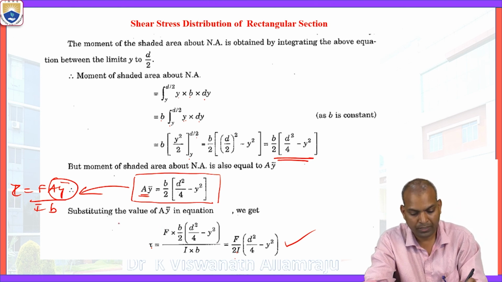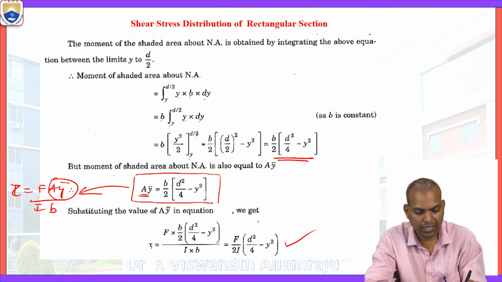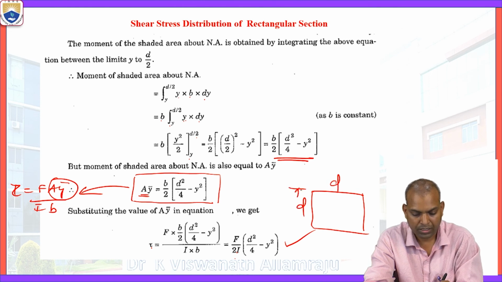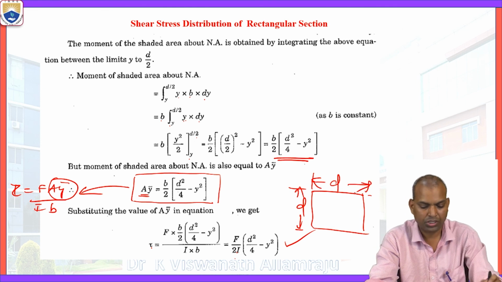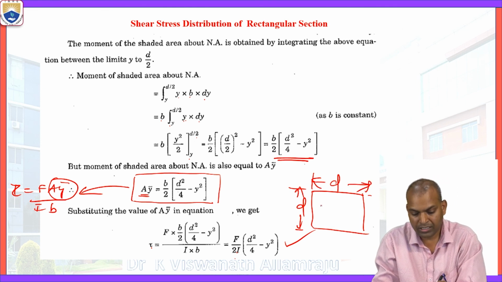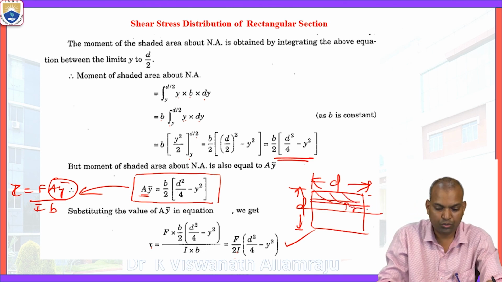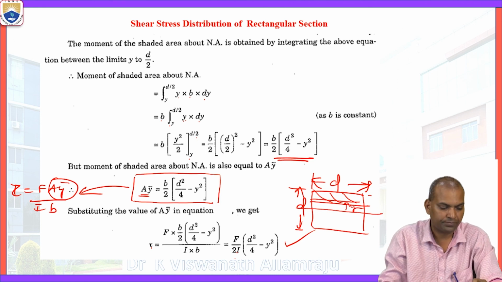This is the source formula. Now, how will it affect a square section? For a square section, everything is D only, B equal to D. So the same formula can be used for the square section also. And if we consider from the neutral axis a distance Y, the same formula can also be used for the square section.